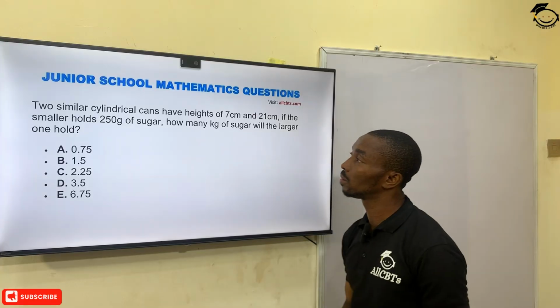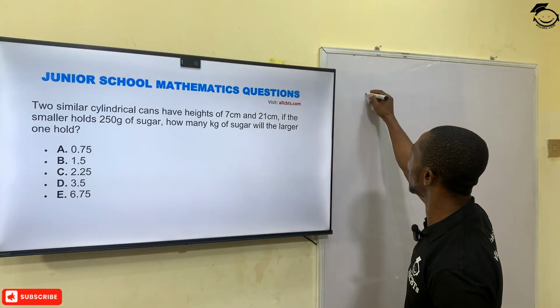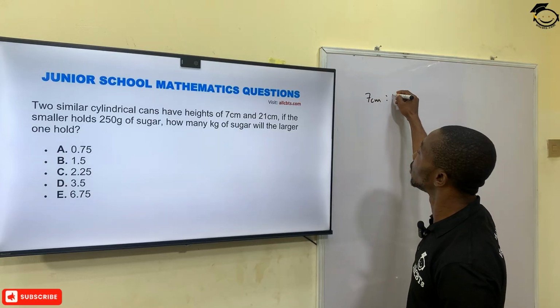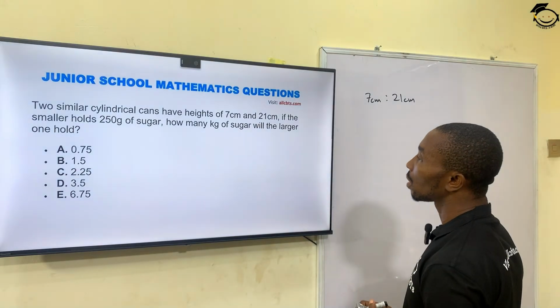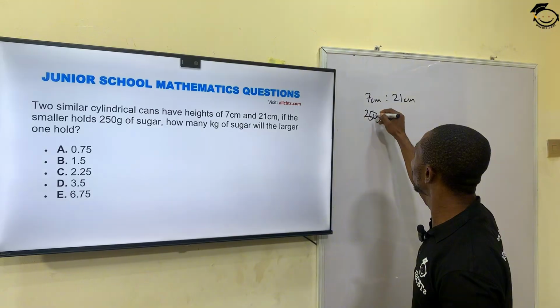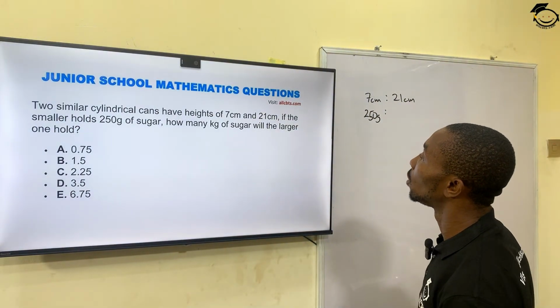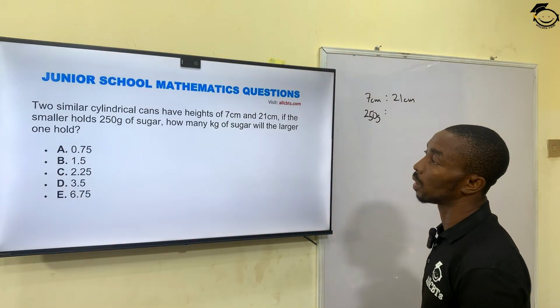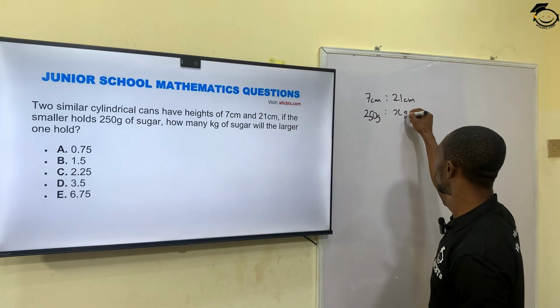Two similar cylindrical cans have heights of 7 cm and 21 cm. Now, if the smaller can holds 250 grams of sugar, how many kg of sugar will the larger one hold? Now the question is, how many grams can this one hold?